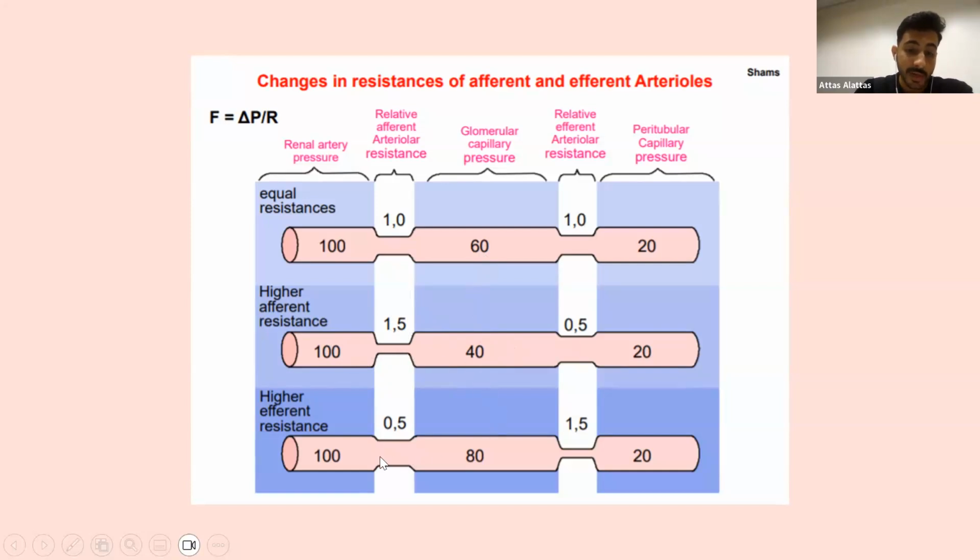However, if you decrease the resistance here, more fluid will go into the glomerular capillary, and it will cause more pressure. So you have to think about it in terms of afferent or efferent. These two, the afferent and efferent resistance, are what control the glomerular capillary pressure. If you increase one, the glomerular capillary pressure will either increase or decrease.